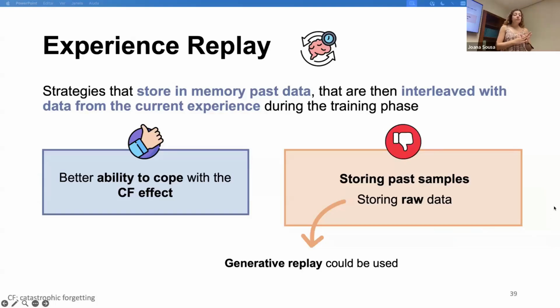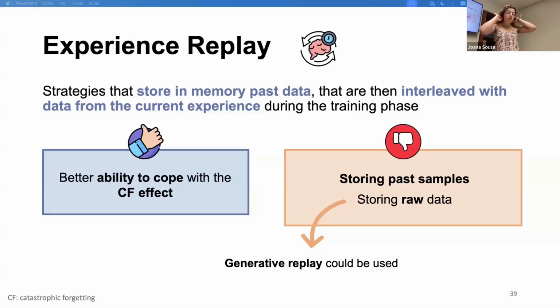The main advantage of experience replay methodology is the better ability to cope with the catastrophic forgetting effect. Literature shows that experience replay is the best to cope with this effect, but there is a downside to it. This method really depends on storing past samples, and we may not have the resources to allocate extra memory.